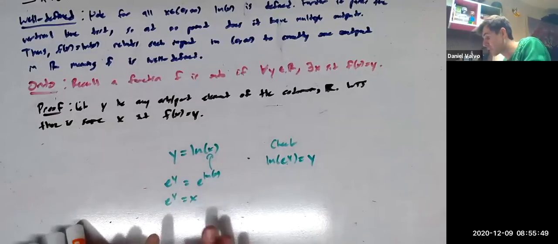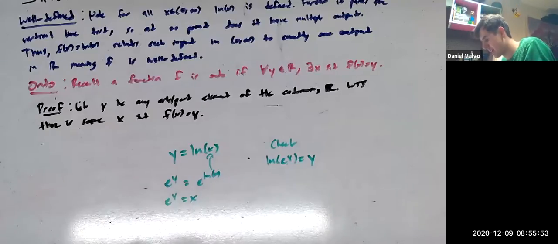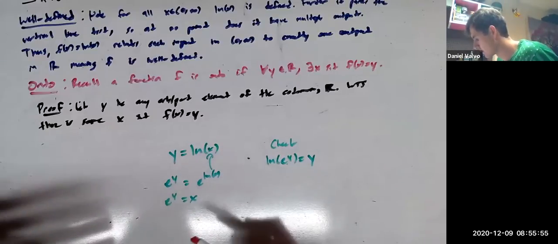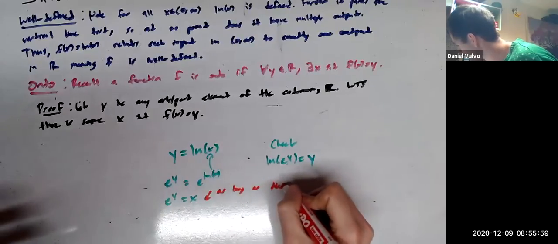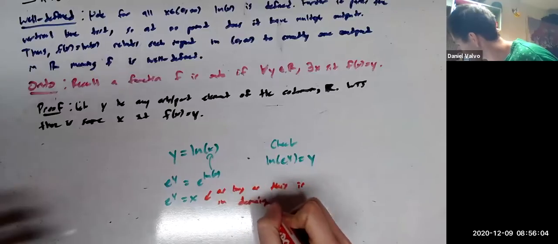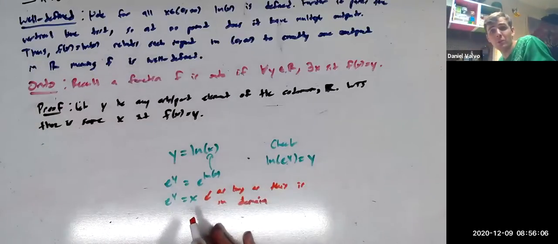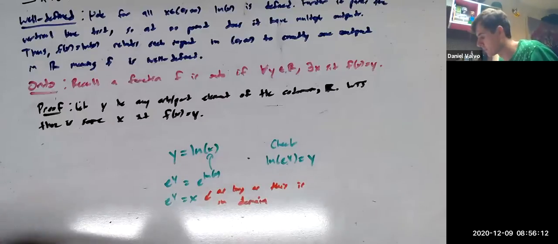So this means that, as long as this is in our domain, we've just found an element x in our domain that you can plug into f to get y. And y was arbitrary, meaning we could do this for anyone.